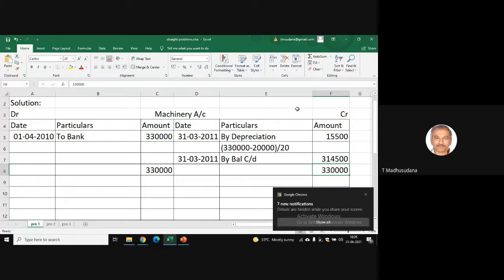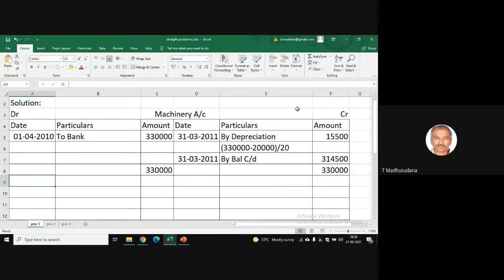That means 3,30,000 minus 15,500. So that is the balance carried down. Next year first date, what is the next year first date? 1/4/2011, to balance brought down.